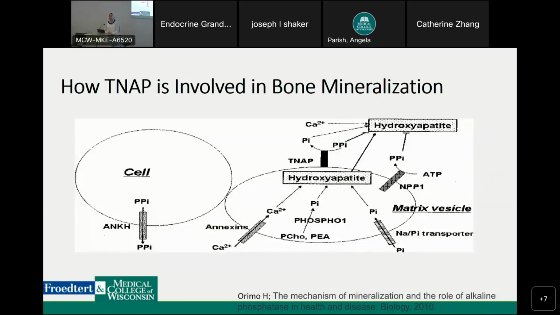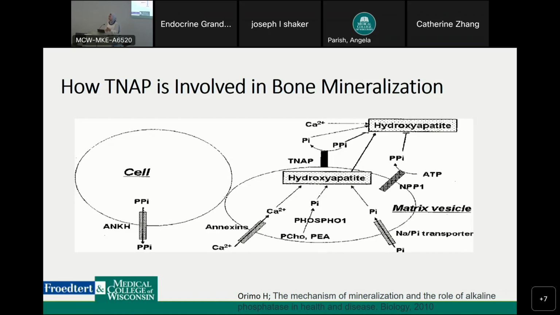So how is TNAP, the tissue non-specific alkaline phosphatase, involved in bone mineralization? Bone strength mainly comes from the formation and deposition of hydroxyapatite crystals. Alkaline phosphatase dephosphorylates inorganic pyrophosphate to inorganic phosphate, which in turn binds to calcium and helps in the development of hydroxyapatite crystals.